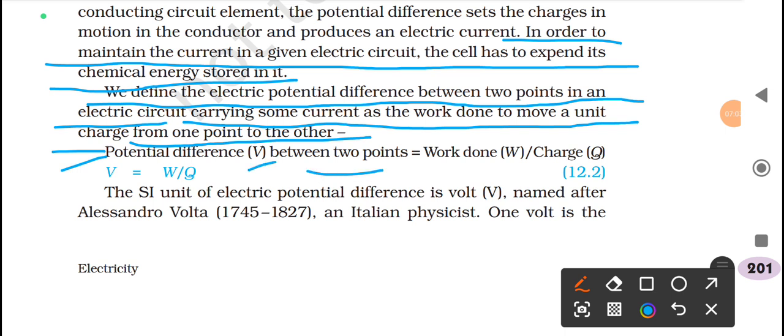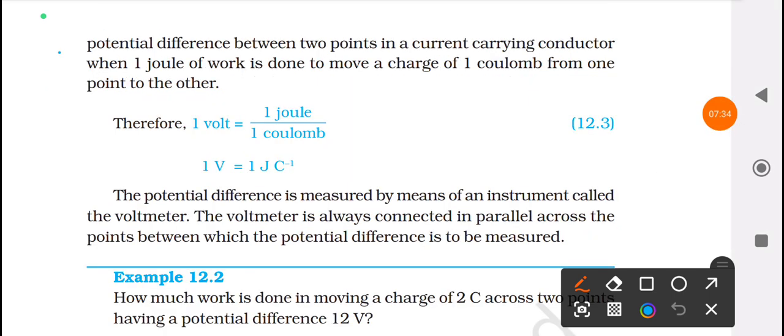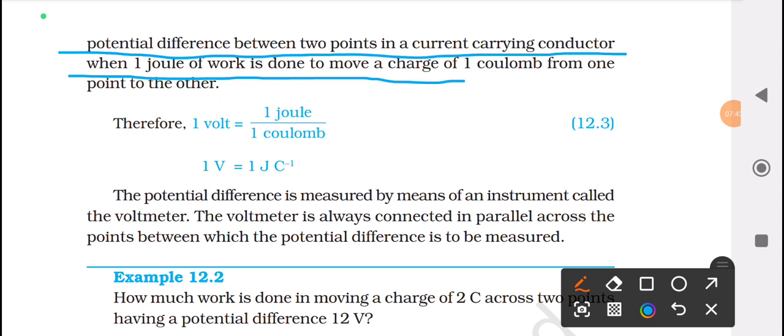Potential difference V between two points equals work done W divided by charge Q. V equals W by Q. The SI unit of electric potential difference is the volt, V, named after Alessandro Volta, 1745 to 1827, an Italian physicist. 1 volt is the potential difference between two points in a current carrying conductor when 1 joule of work is done to move a charge of 1 coulomb from one point to the other.